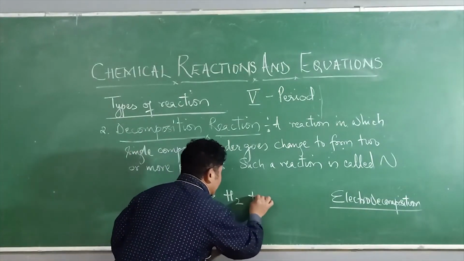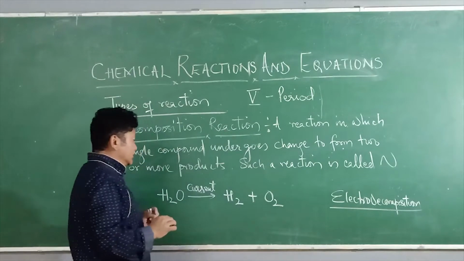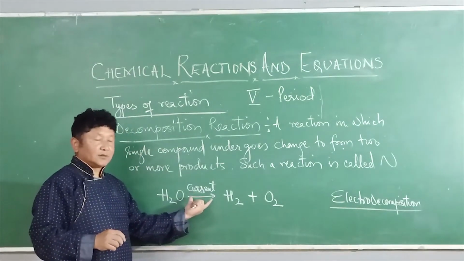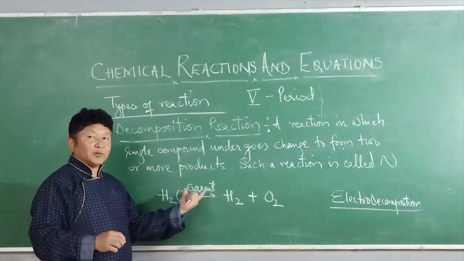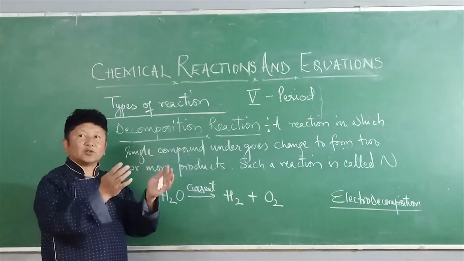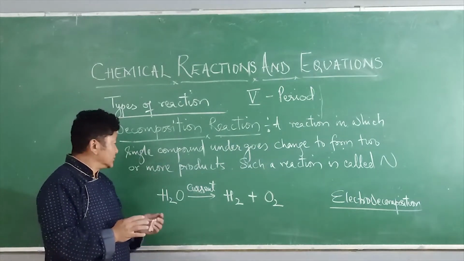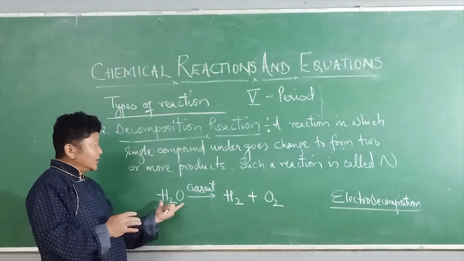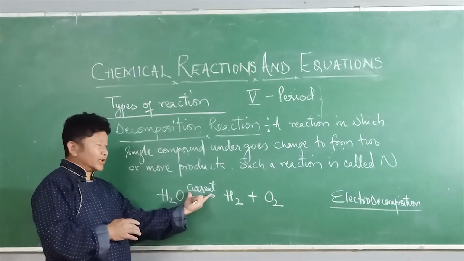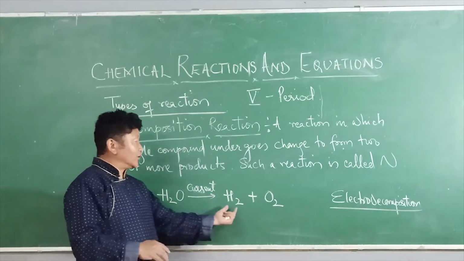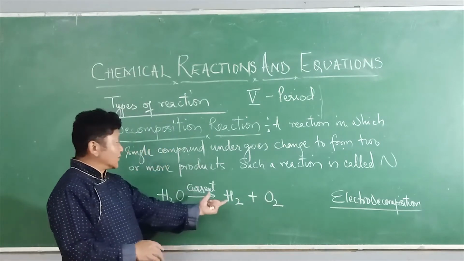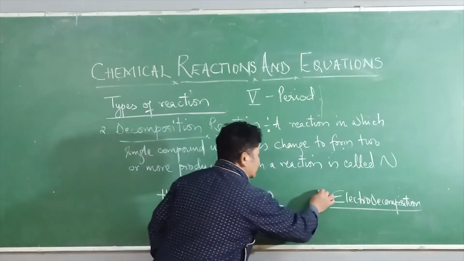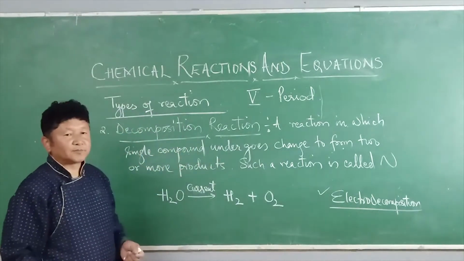It will break up into hydrogen and oxygen on passing current. You might remember those electrolysis methods you learned in class 7. So water, when exposed to current, splits up into hydrogen and oxygen. These types of reaction are called electrodecomposition reaction.